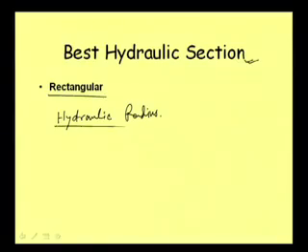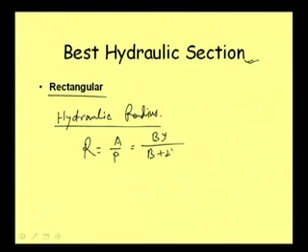So, once we have the hydraulic radius in terms of depth, we can do those calculations. So, let us see the value of hydraulic radius in the most economic section. R is equal to A by P, where area is equal to B into y and perimeter is equal to B plus twice y.